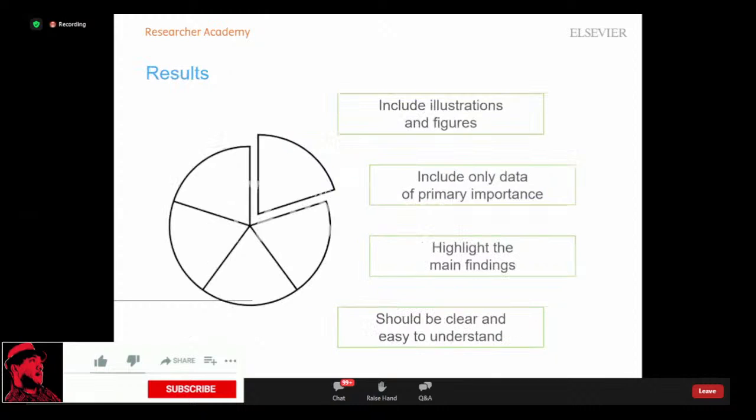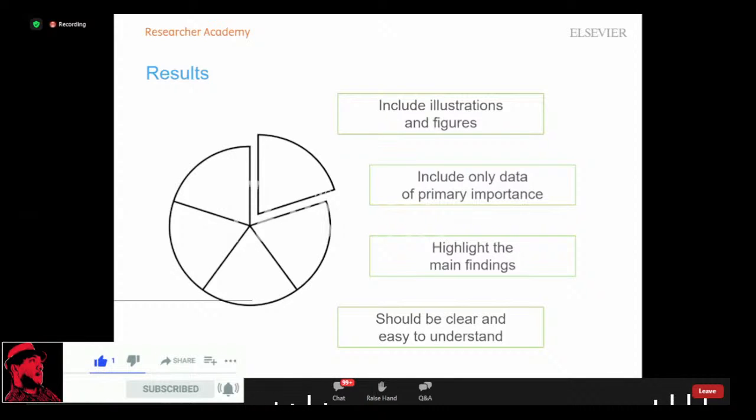And then we go to the results section. So in this section, it's very important. The data of the paper is really the driving force of the paper. And the figures and illustrations are really critical, and it's important that this is really your essential data.